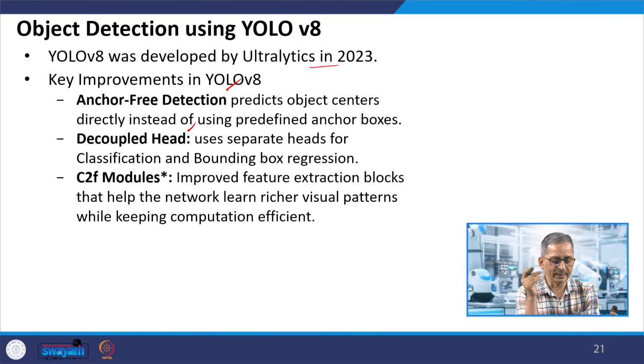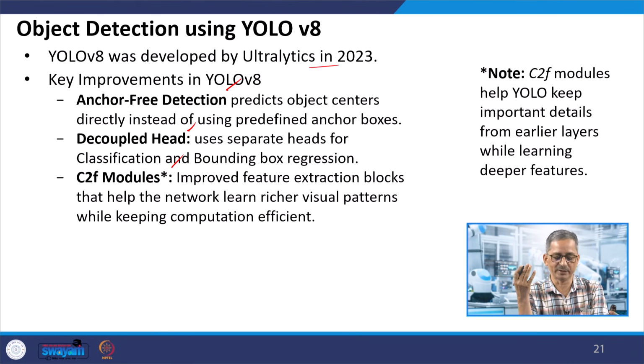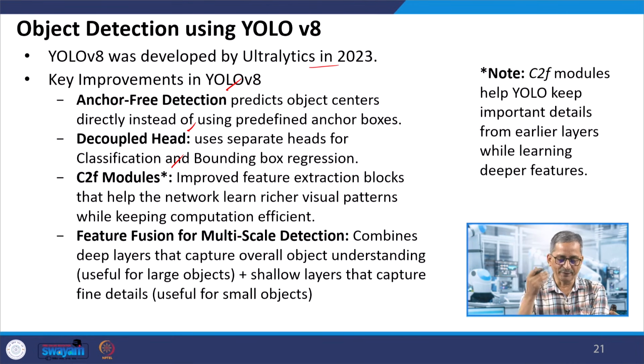They use the C2F module, which enables improved feature extraction that helps the network learn richer visual patterns while keeping the computation efficient. The C2F feature is there, and the feature fusion for multi-stage detection. These are some of the features of YOLO version 8.